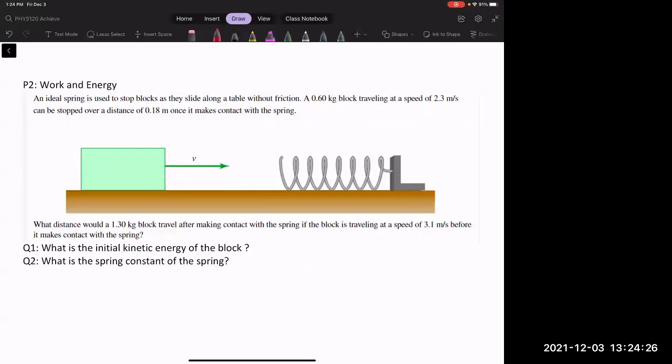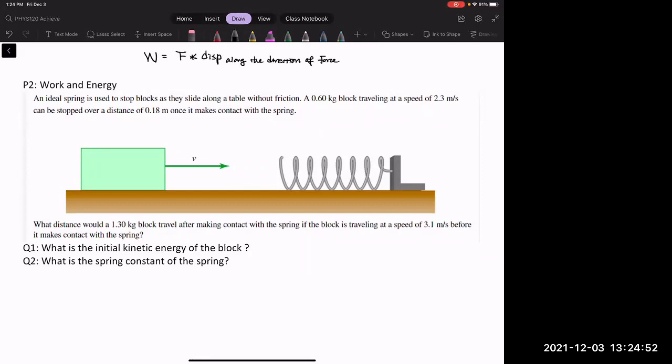So the work, let me define work. Work is equal to the force times the displacement along the direction of the force. That's the work, okay?